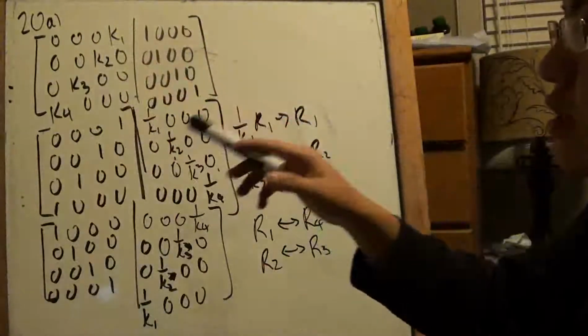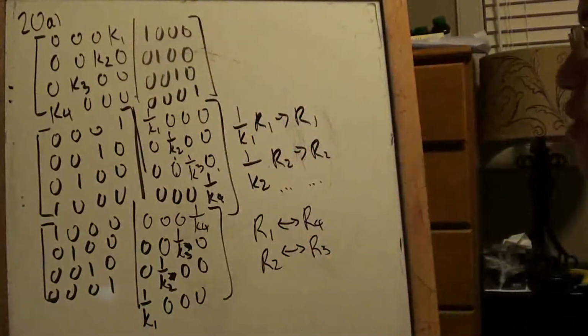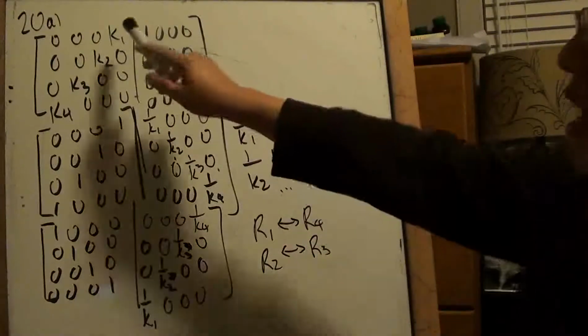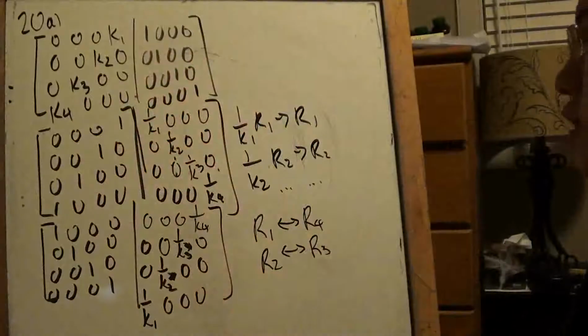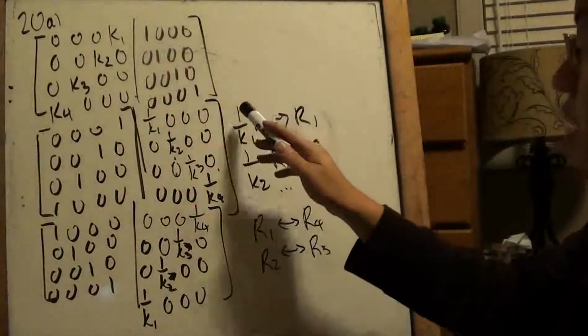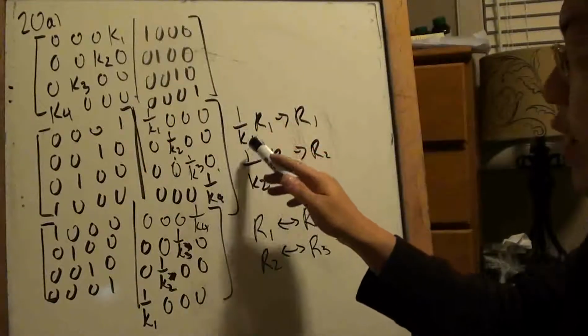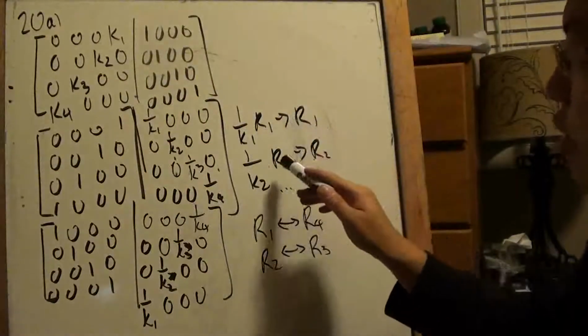The thing is, you have to be careful. Do not just say row 1, row 2, row 3, row 4, all divided by k. There is no k. There is k1, k2, k3, k4. So despite my laziness, on a test, you should be writing all of them, right? So row 1 times 1 over k1 is the new R1.